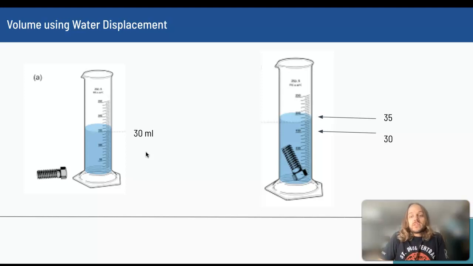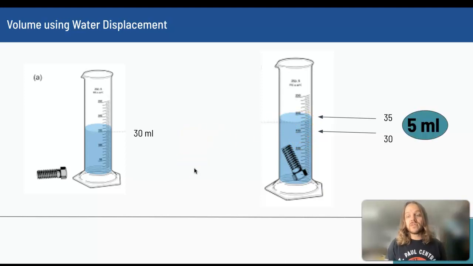And so you can see that this first line is where the water started at 30, but when we put the bolt in, the water moved all the way up to 35. Now that difference of 5 milliliters is the volume of the bolt, because there was nothing else that pushed the water up. It was just the bolt that pushed it up 5 milliliters.